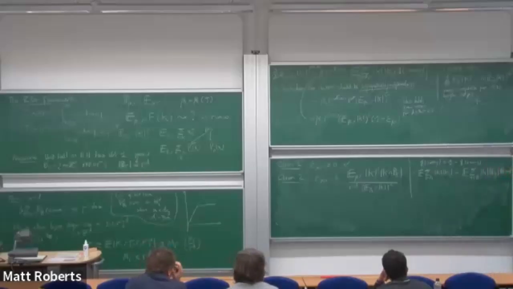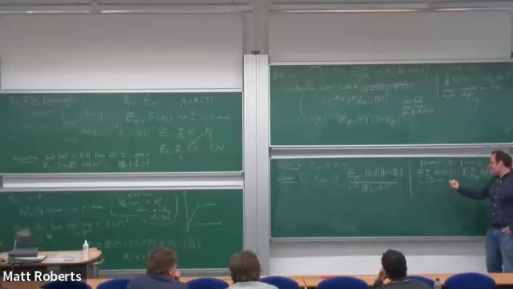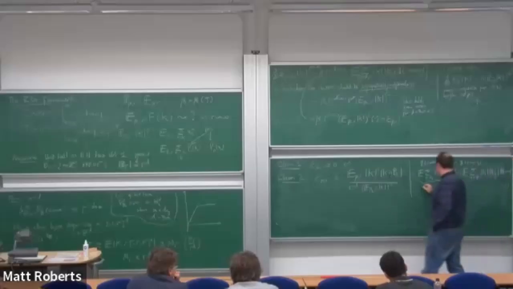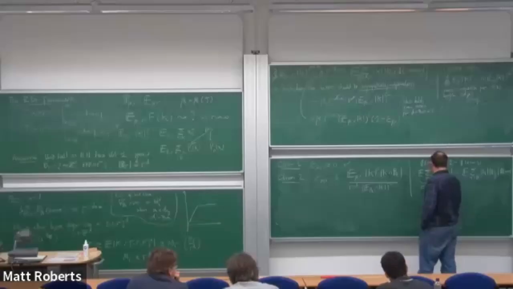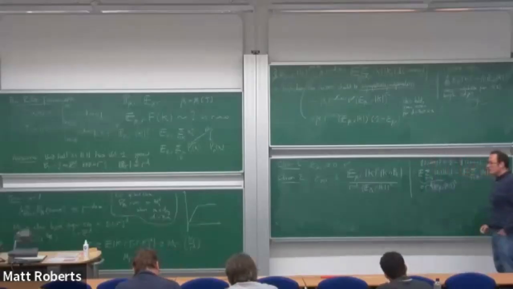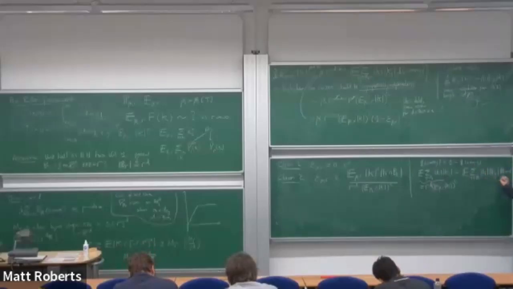Okay. Now this guy, I can use Harris FKG, right? These are increasing functions of the configuration. So this is at least R to the D times the square of the first moment. And this term here, on the other hand, I'm summing over points y that are in the cluster.